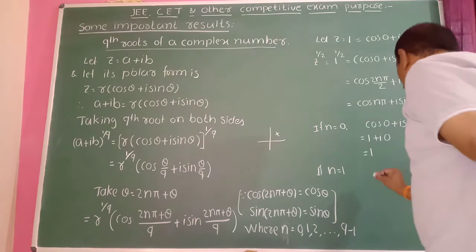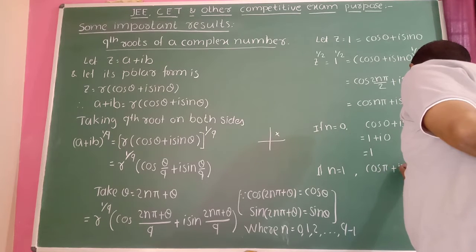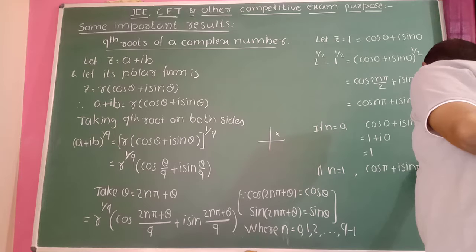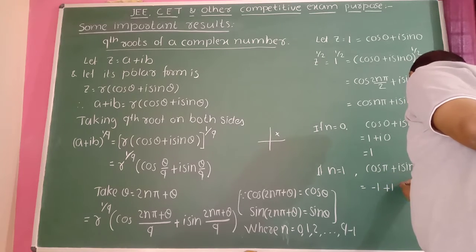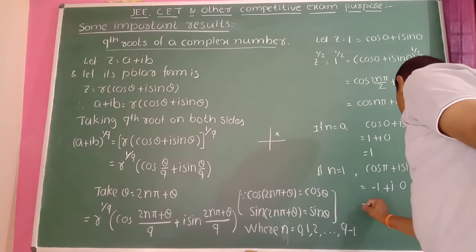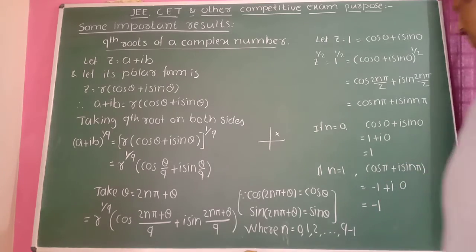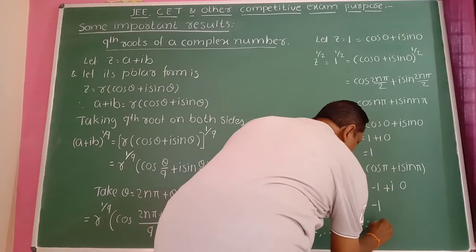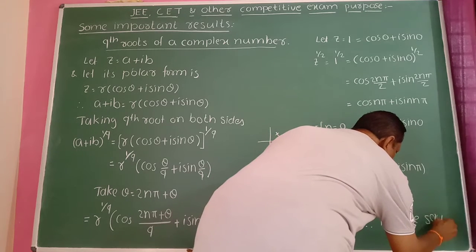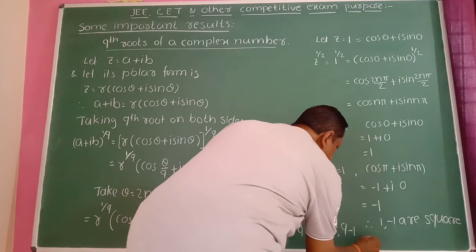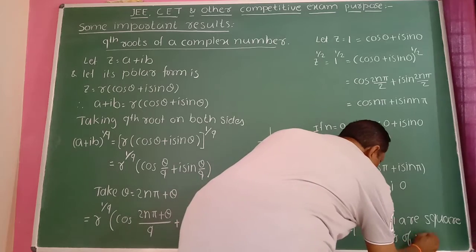So cos of pi plus i sin of pi. So this is equal to cos pi value is minus 1 plus i into sin pi value is 0. So this is equal to minus 1 here. Here 1 and minus 1 are the square roots of unity.